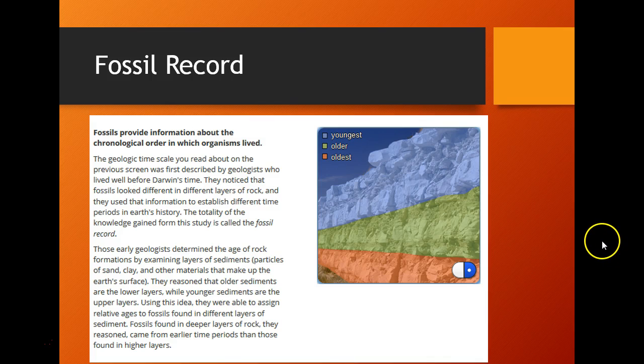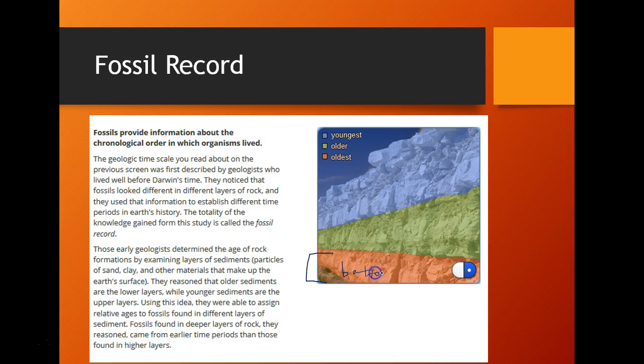One really key point that you need to know is how they can date these fossils. One really simple way that scientists date these fossils is that they look at where in the rock formations these fossils lie. So if they found a fossil in this area right here, this would be on the bottom.